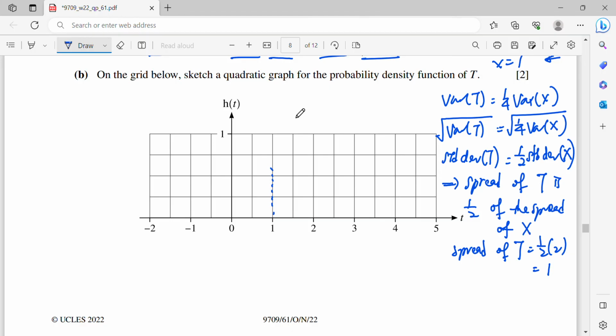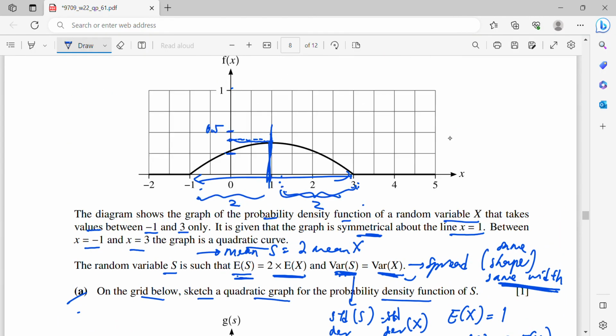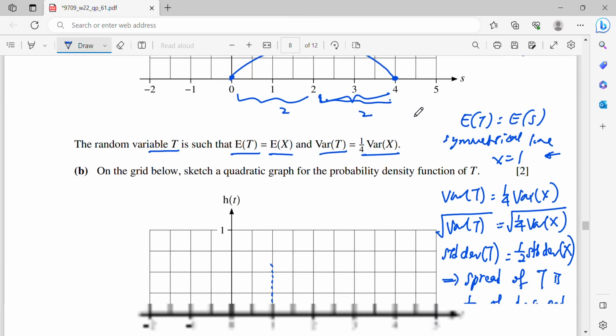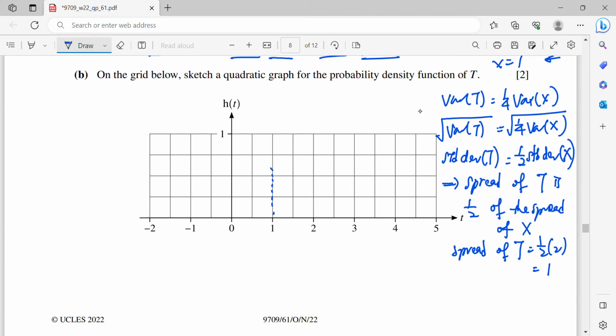Which means instead of 2 units on the right hand side from the symmetrical line, and also 2 units on the left hand side from the symmetrical line, it now becomes 1 unit because of half the spread. So now 1 unit from the 1, it will stop at 2. And 1 unit from the 1 on the left hand side, it will be 1.